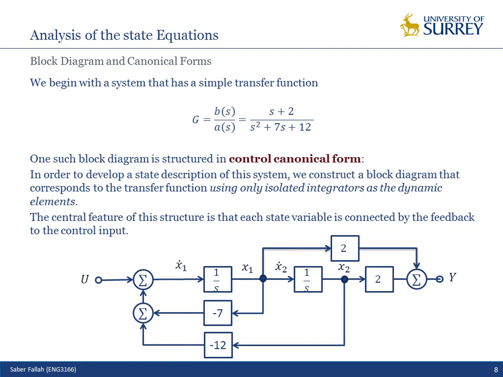This s will be cancelled out with this s, so Y will be equal to s plus 2 over s squared plus 7s plus 12 times u. Look, I get the same transfer function. Okay.